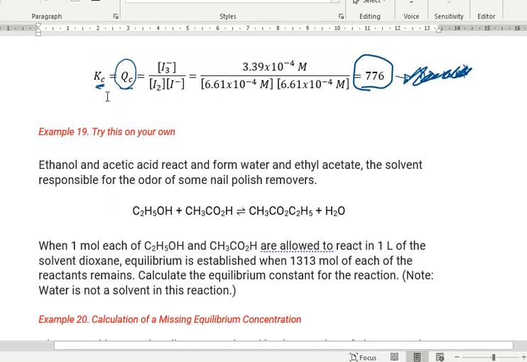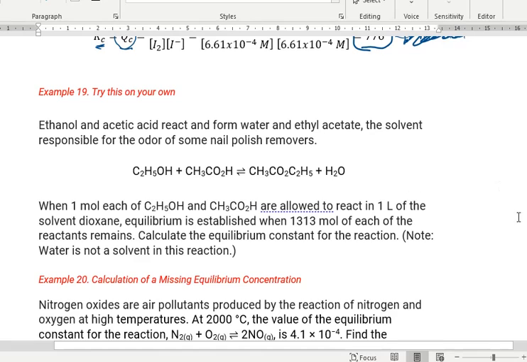The unit can be used in the thermodynamics part, because that will be useful in thermodynamics and kinetics, if we relate that. But for our purpose, we don't put units in the equilibrium constant. Okay?